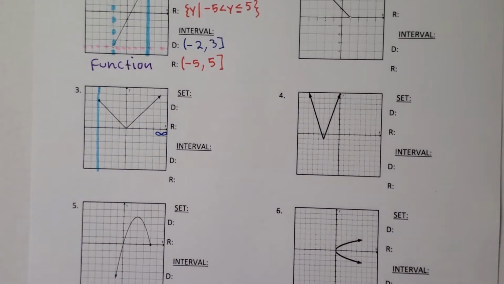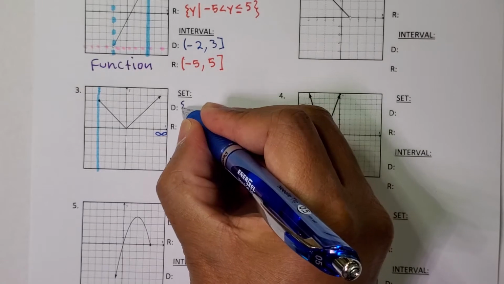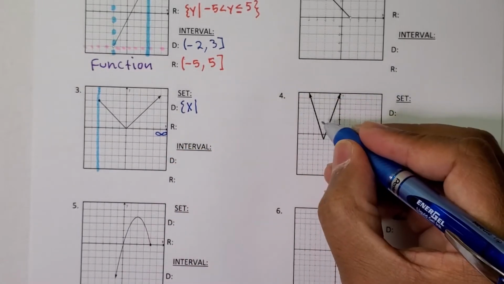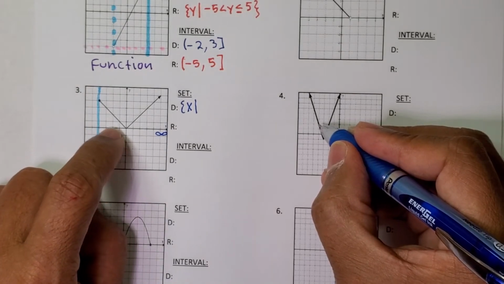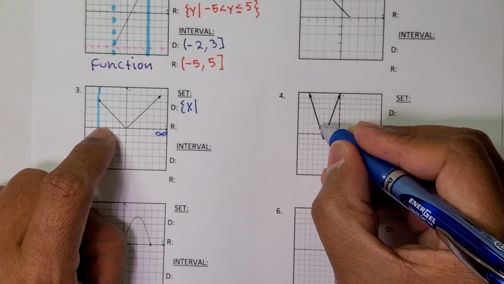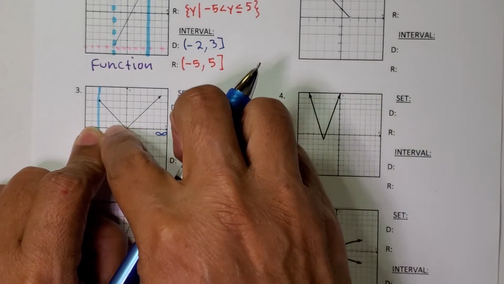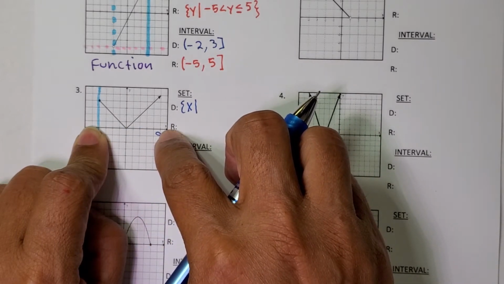So for domain, see what happens. The domain is going to be, and I'm going to do the brace here, x such that, what about x? Notice we start from -1, -2, -3, and -4. So we know we get from -4, but from here, this goes strictly to the right. The question is, how do we state that domain?